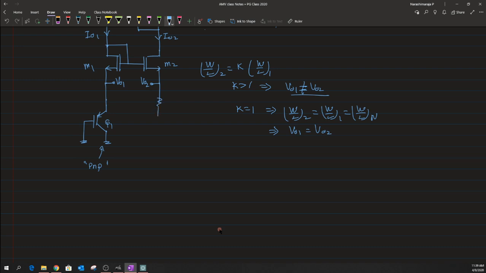Similarly, one can also do the same thing, trying to replace this Q2 with a PNP structure. Again, one has to ensure that this value of N, or the emitter area of this Q2, is higher than the emitter area of Q1.